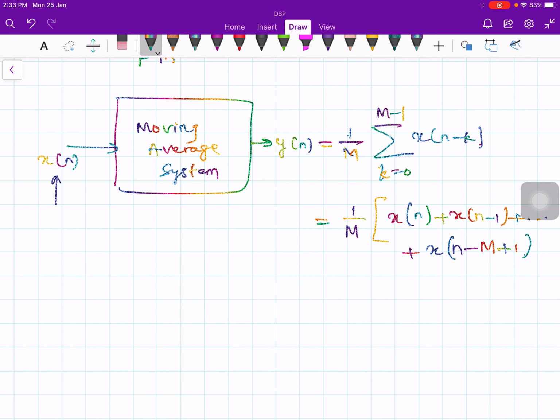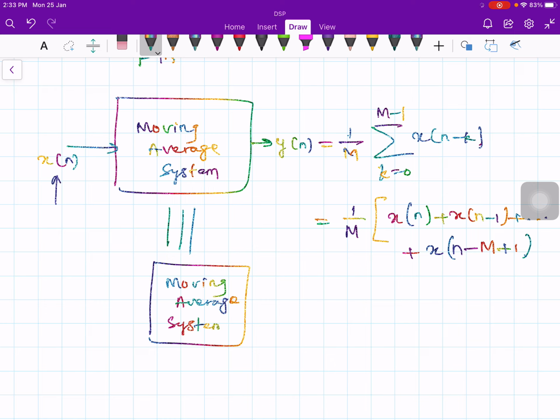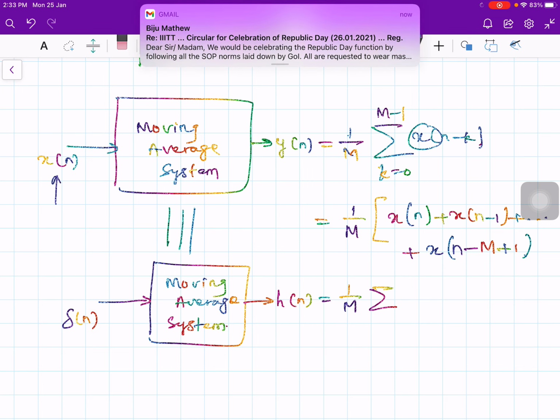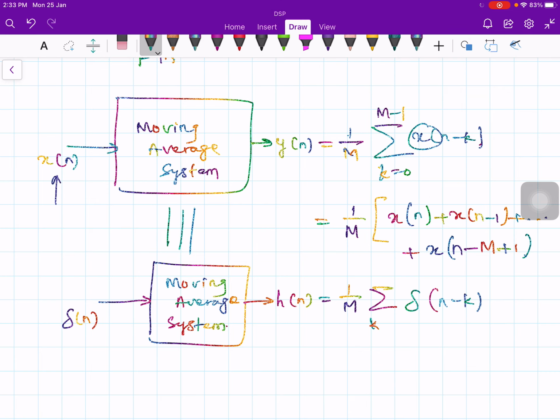Now instead of applying x of n, you take the same moving average system, and you apply the input del of n, and the corresponding output is called h of n. H of n is 1 over capital M summation of, instead of x you need to put del of n minus k, with k equal to 0 to capital M minus 1.